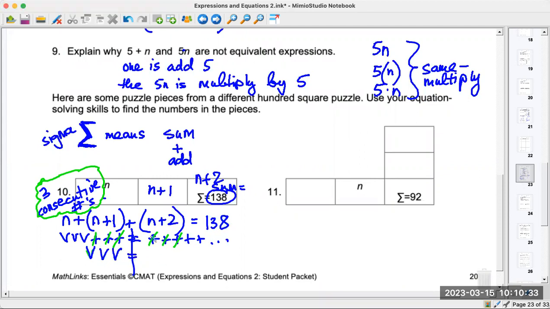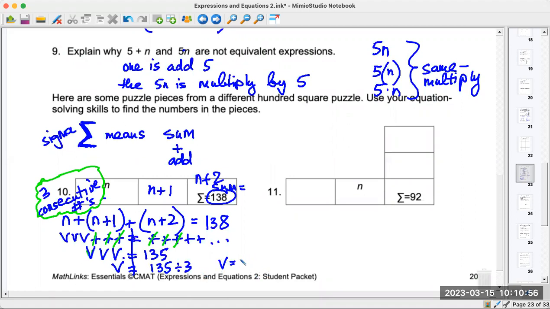It's 138 minus 3 is 135. Correct? Take 3 away. So that means each variable is 135 divided by 3. And that means our variable is 45.